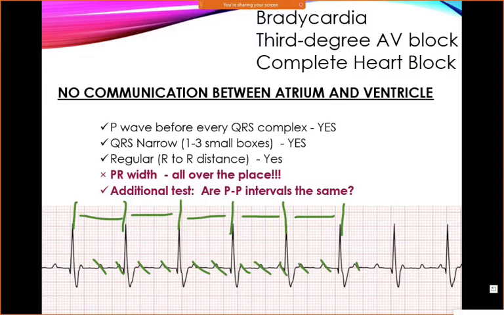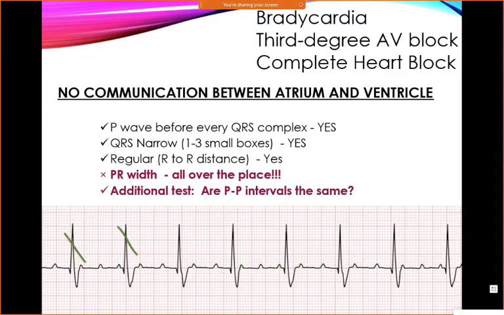Then we're saying, let's erase everything. Let's clear out the QRSs. And then we start looking at our P to P intervals. Look at this. Our P to Ps, they are exactly the same.